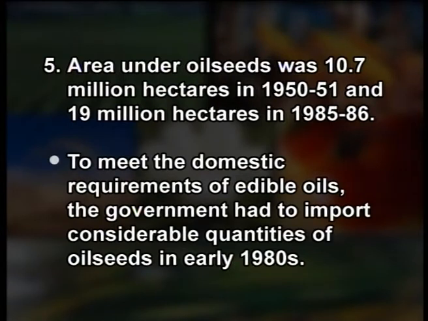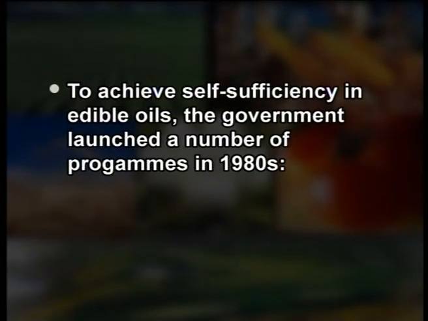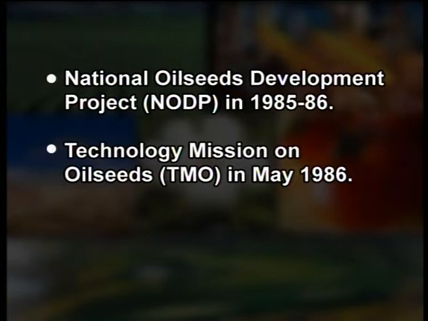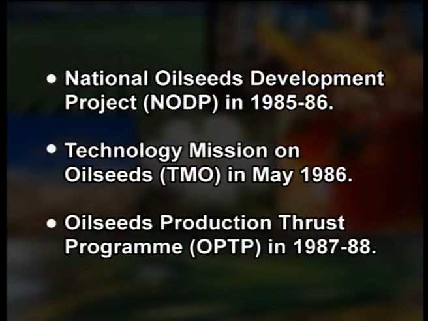To meet the domestic requirements of edible oil, the government had to import considerable quantities of oilseeds in the early 1980s. To achieve self-sufficiency in edible oil, the government launched a number of programs in the 1980s: the National Oilseeds Development Project, NODP it is called, in 1985-86, the Technology Mission on Oilseeds, TMO, in May 1986, and the Oilseeds Production Thrust Program, OPTP, in 1987-88.